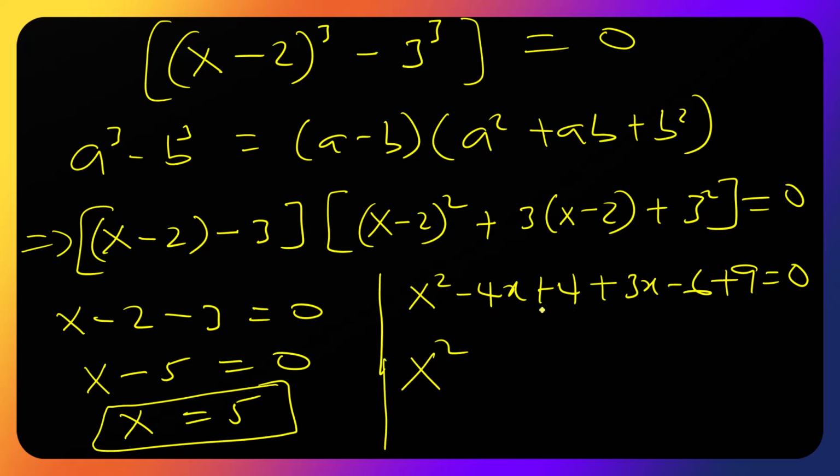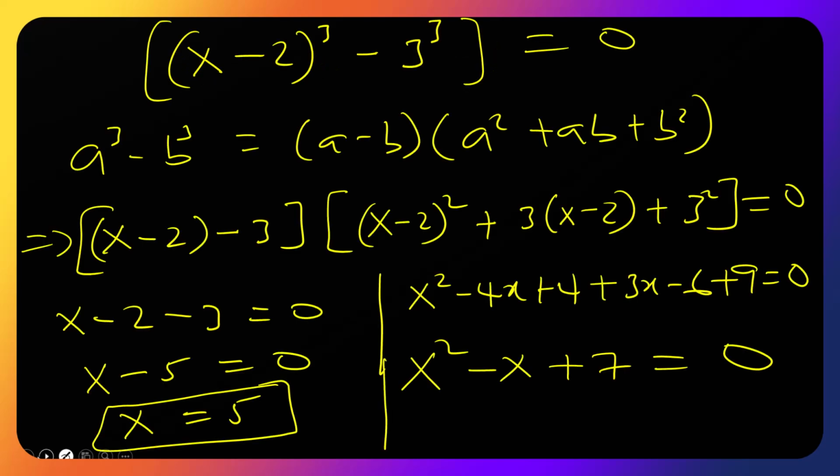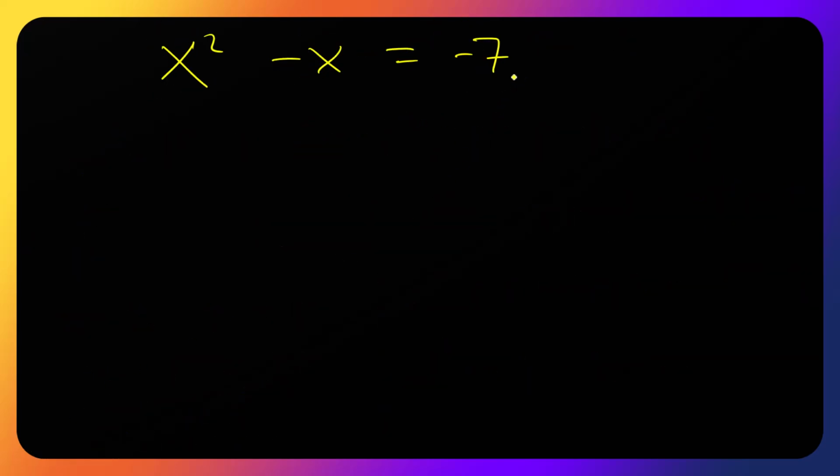x squared minus 4x plus 3x minus x. We have 4 minus 6. So this side will be 3 plus 7 equal to 0. So x squared minus x equals minus 7. We want to go by the method of completing the square, so let's take half of the coefficient of x. So that will be minus half, squared.